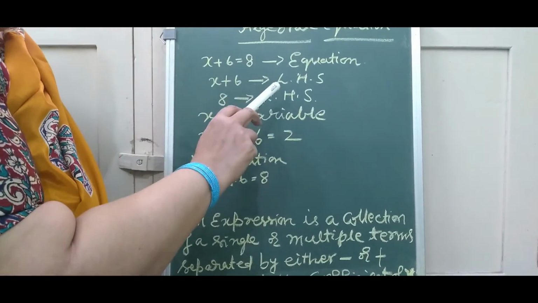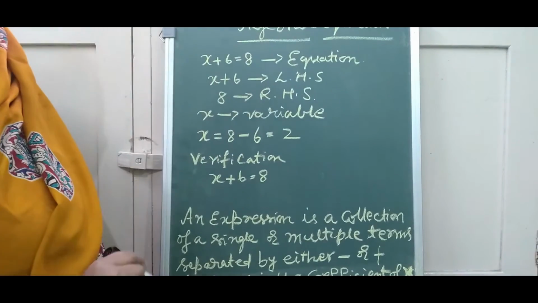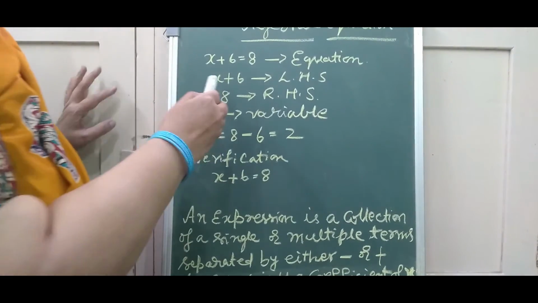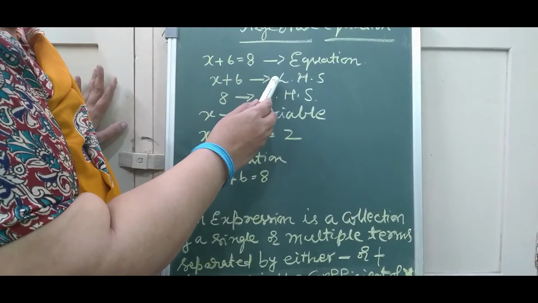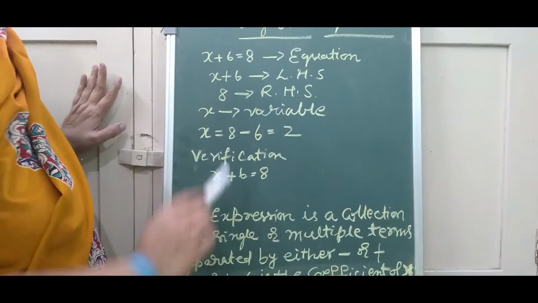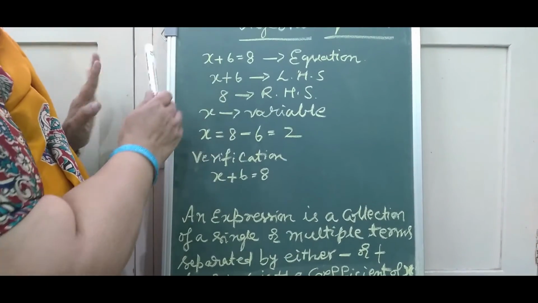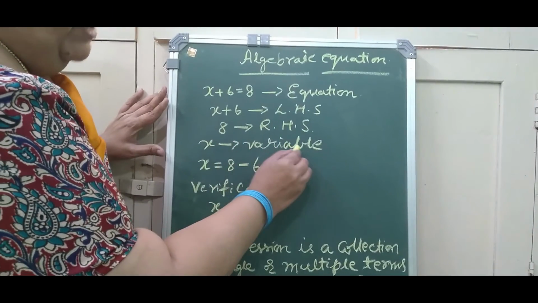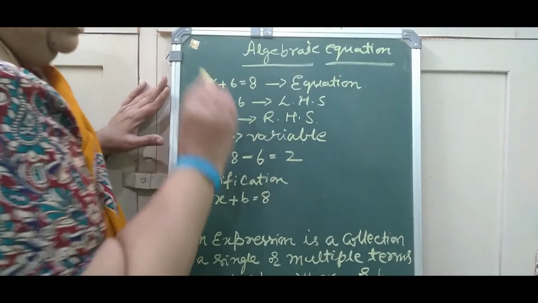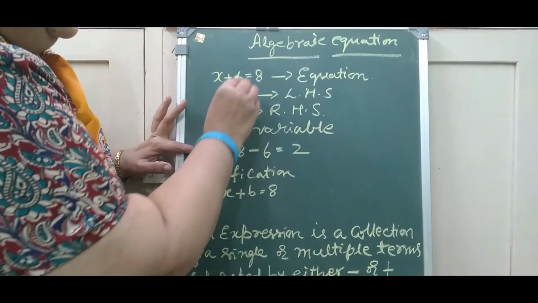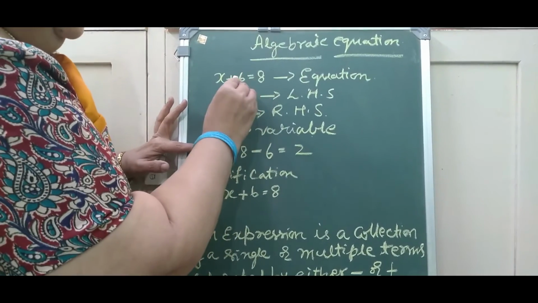In an algebraic equation, two parts will be there. Actually, x plus 6 is the left hand side and 8 is the right hand side. X is called the variable here, and the value of x can be calculated as 8 minus 6.